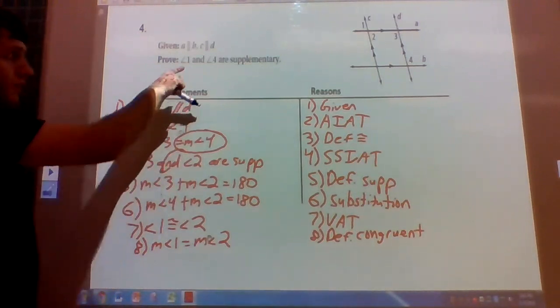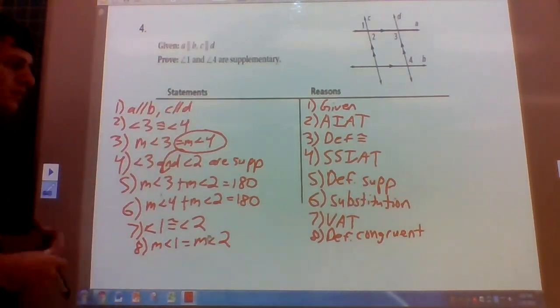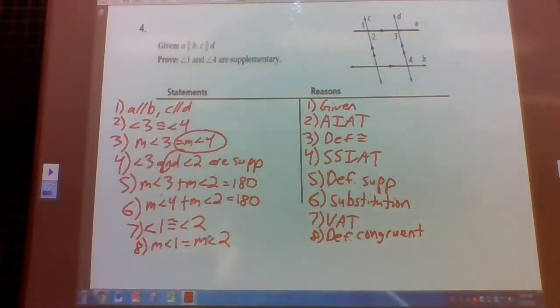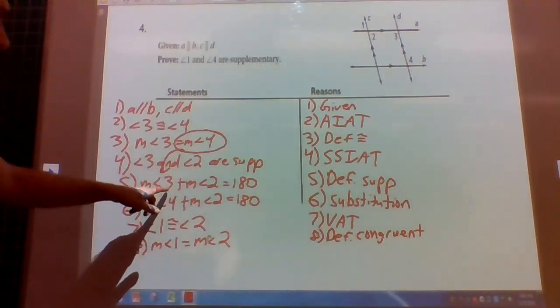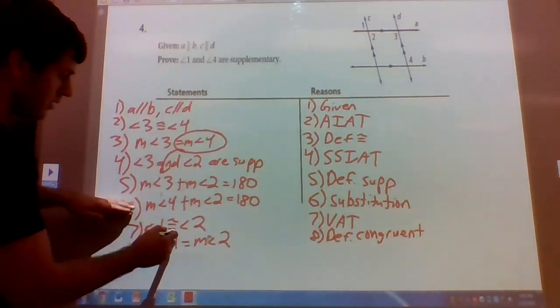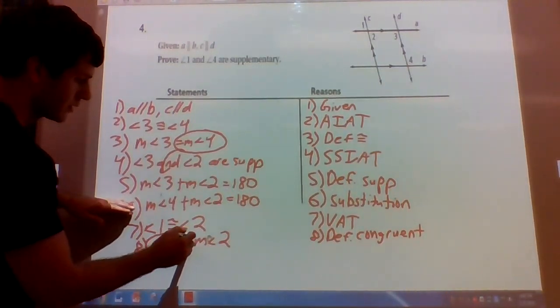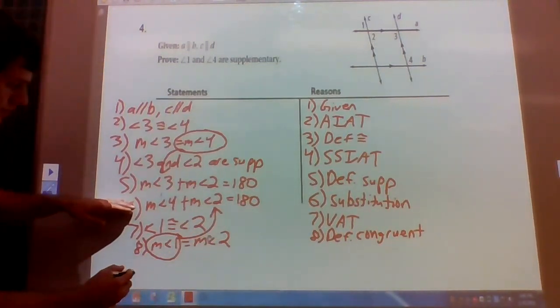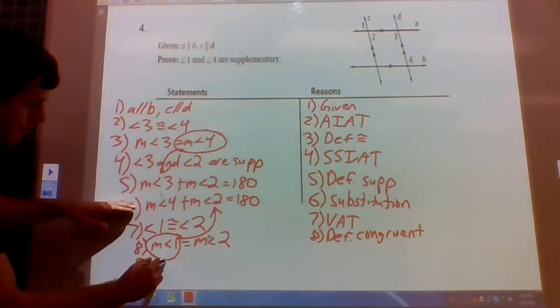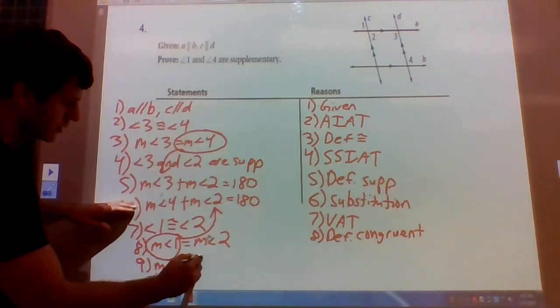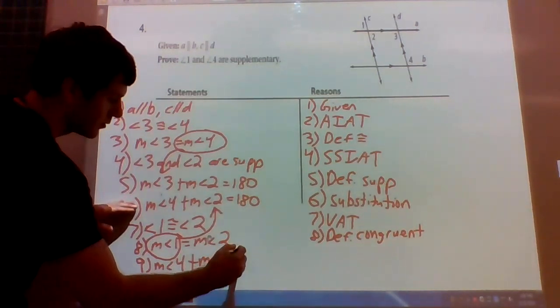So we are trying to get 1 and 4 as supplementary. So we need to say that the measure of angle 1 plus the measure of angle 4 is 180. So we can substitute into this equation right here. We can substitute this in for the 2. So now we have the measure of angle 4 plus the measure of angle 1 equals 180.